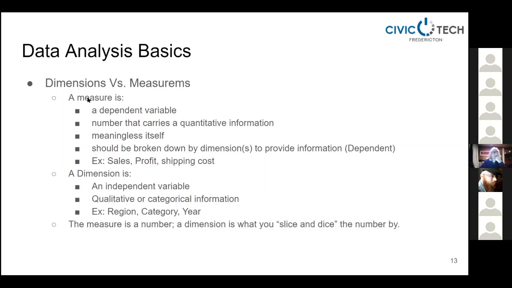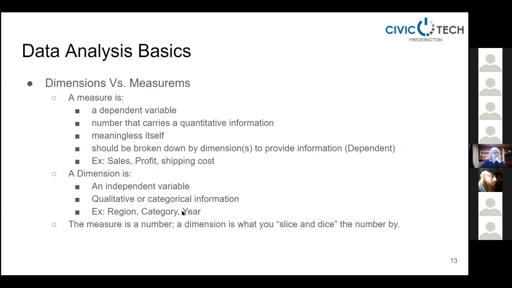So this is the dimension. Sorry, the measure is the number, and the dimension is the thing that we are going to divide, or slice and dice, this number by. So the dimension is the independent variable here. It's qualitative or categorical information like region, category, or year.